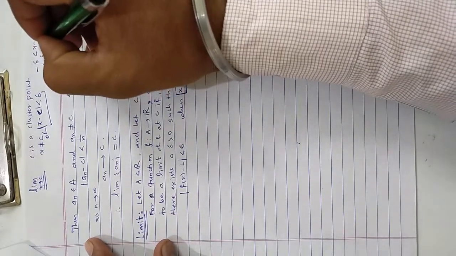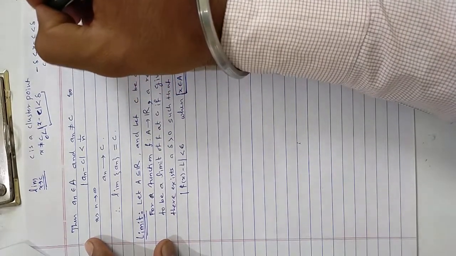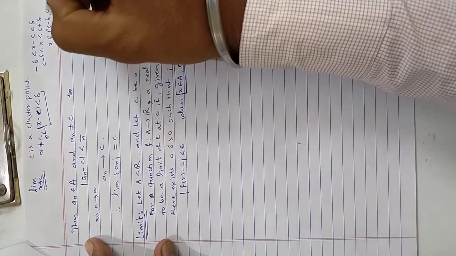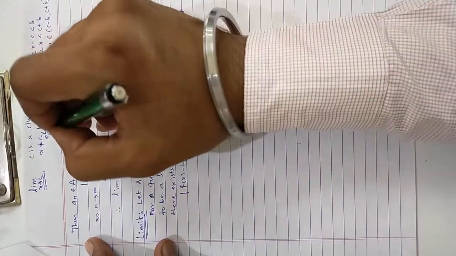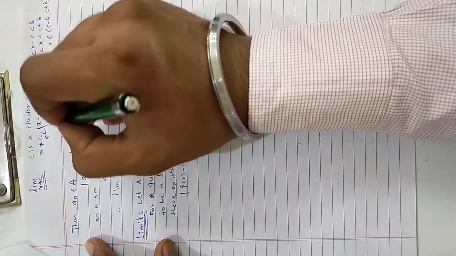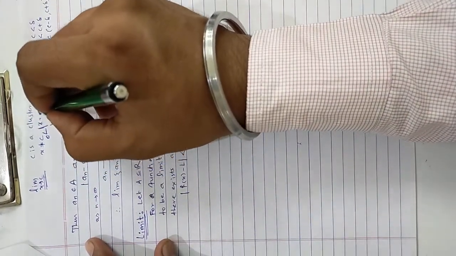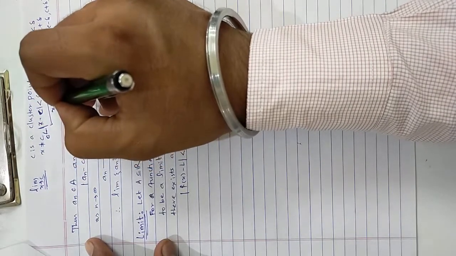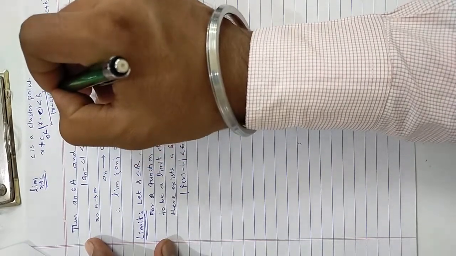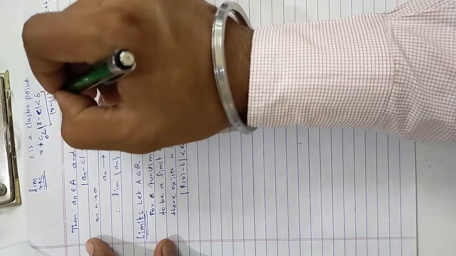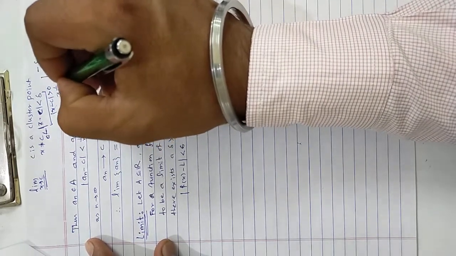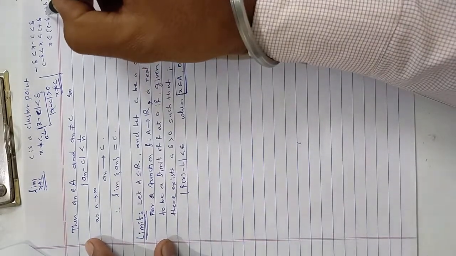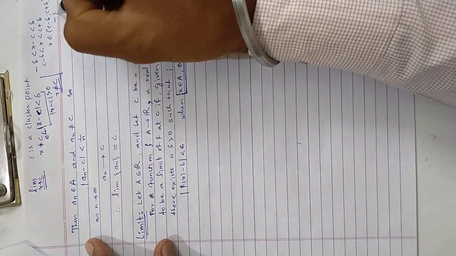It means C minus delta less than x less than C plus delta. It means x belongs to (C minus delta, C plus delta). But the second part, 0 should be less than the absolute value of x minus C. It means x minus C should not be 0, and it means x should not be the same as C, right? So we have to omit C from this set.